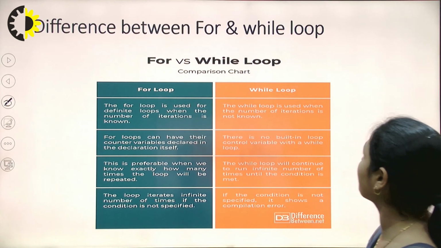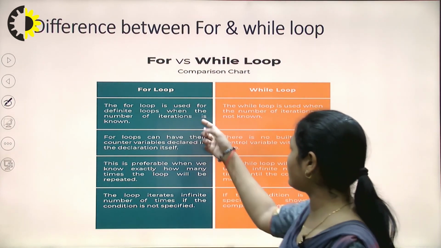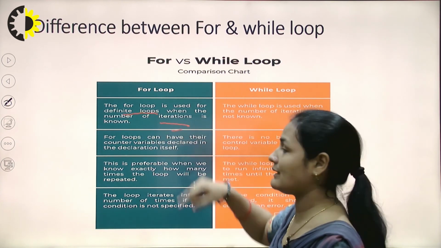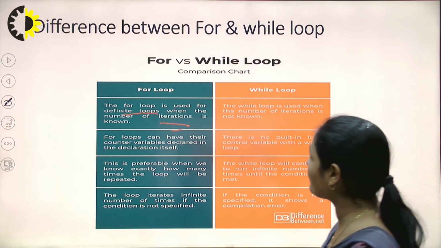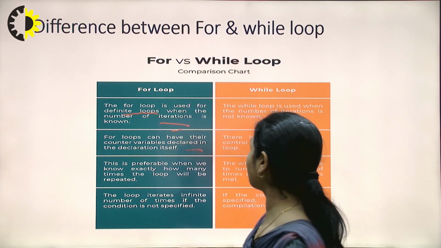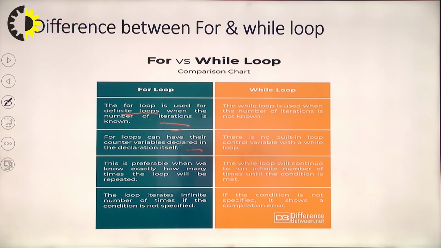So this is the difference between for and while loop. A for loop is used for definite loops when the number of iterations is known, as I already told you, and a while loop when the number of iterations is not known. For loops can have their counter variable declared in the declaration itself, and in a while loop there is no built-in loop control variable.